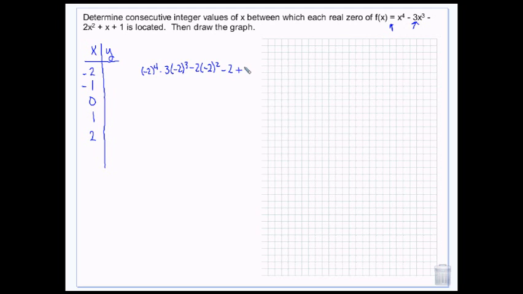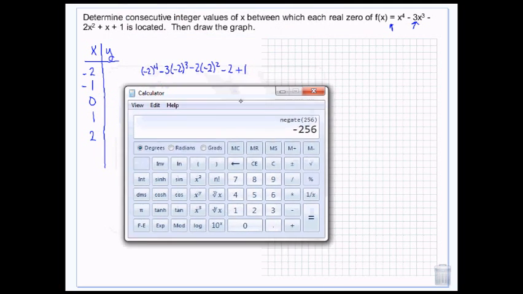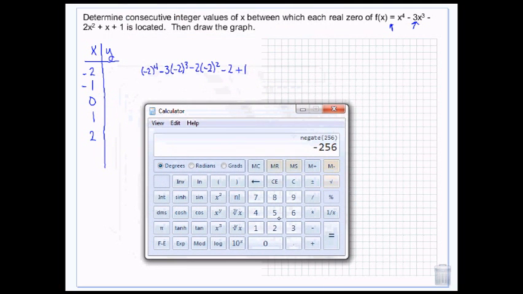Minus 2 plus 1. Okay, so that's 16 plus 24 minus 8. Wait, hold on. So 16 plus 24 is 40, minus 8, minus 2 plus 1.